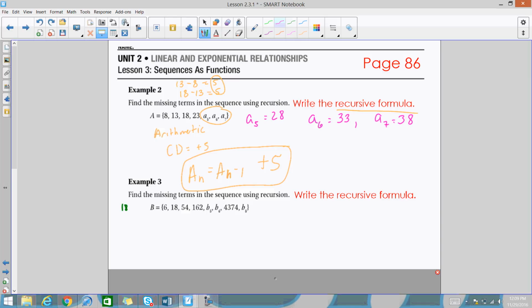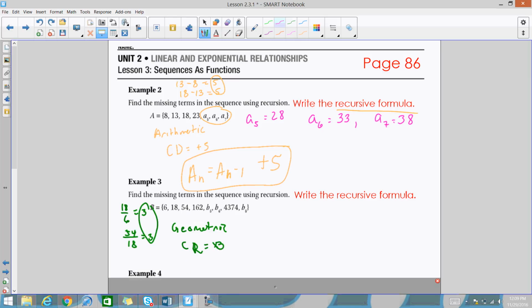But if you go 18 divided by 6, it's 3, and 54 divided by 18 is 3, which means this is geometric, and our common ratio is times 3. So your recursive formula is a sub n equals a sub n minus 1 times 3.